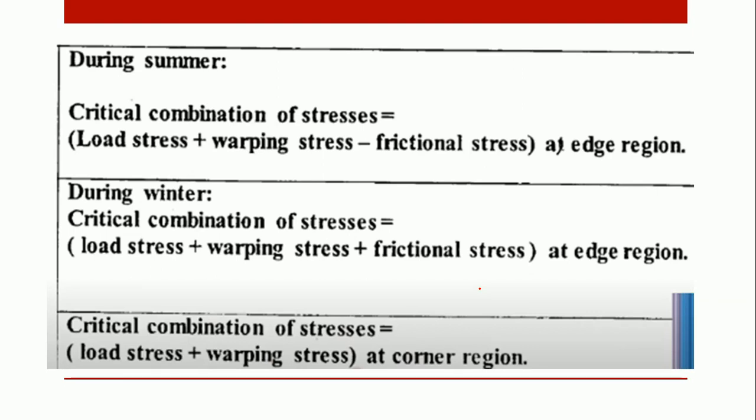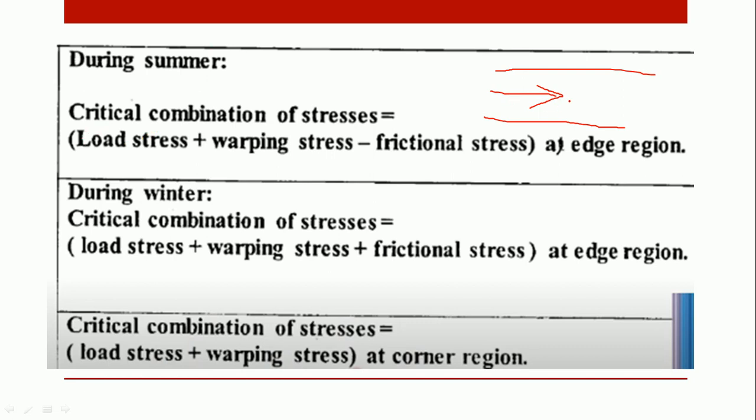Then one more thing: here we need to find the stress combination based on the season, that is the summer season and the winter season. What is the critical stress combination? Why? Try to imagine this. If we have a road surface, vehicles are moving on it and a wheel load stress exists.